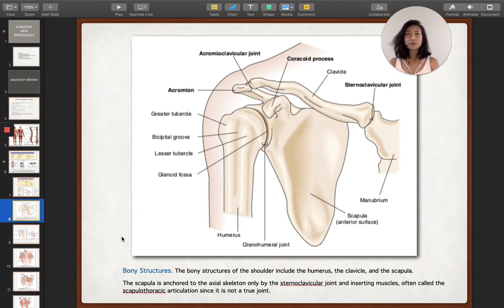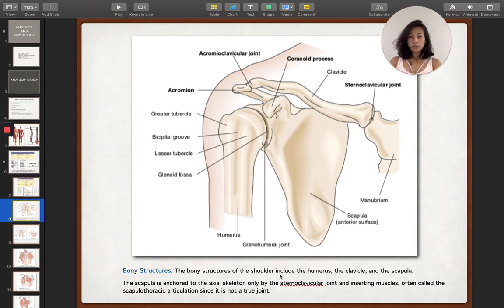It could be different shapes, it could be different sizes, and most of them will be located from the bony structure. So for your easier understanding, and to help you remember the muscle names easier, remember the bony structures of the muscles or of the body.